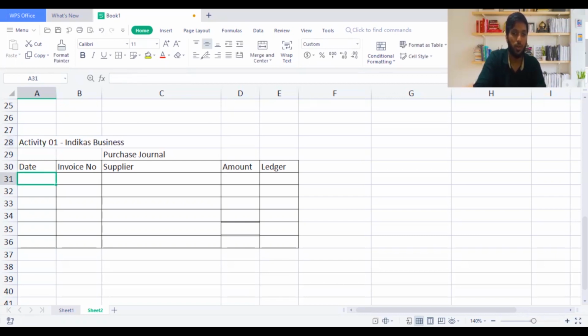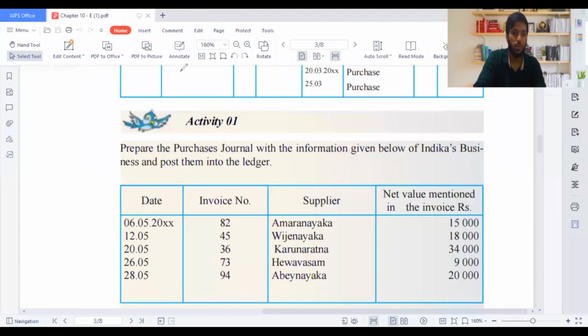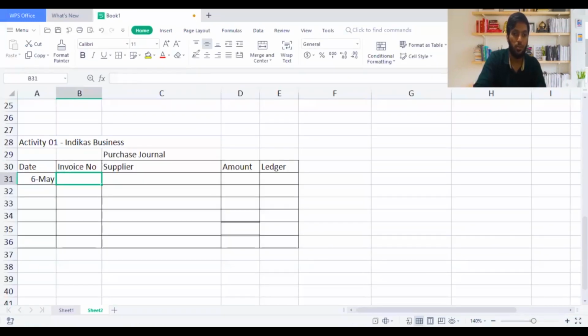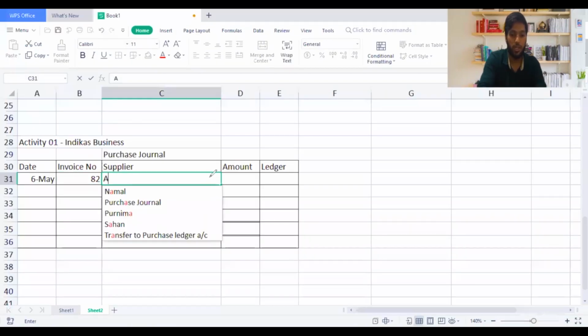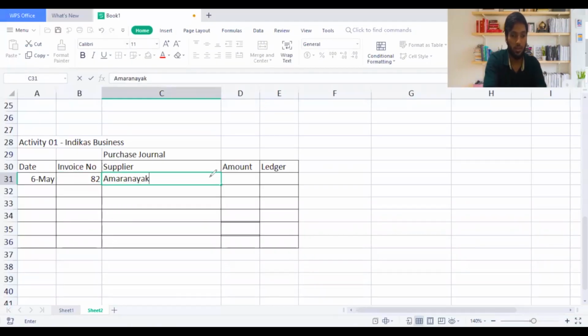Let me start with the first one, the date. We have May 6th. We have the invoice number 82, I hope you guys are doing it with me, and Amaranayaka. I'll write invoice number 82 and write Amaranayaka.